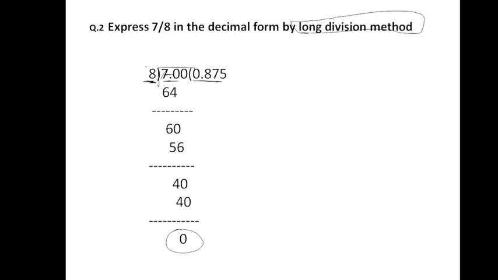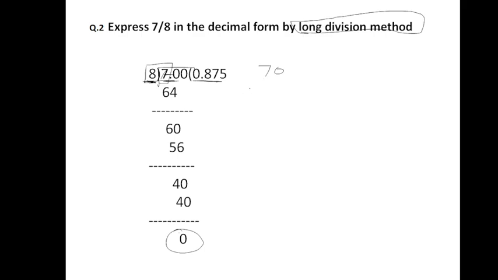Here you can see the dividend is less than the divisor, so it is impossible. So how to divide 7 by 8? We put a decimal, so it is not 7, it is 70.